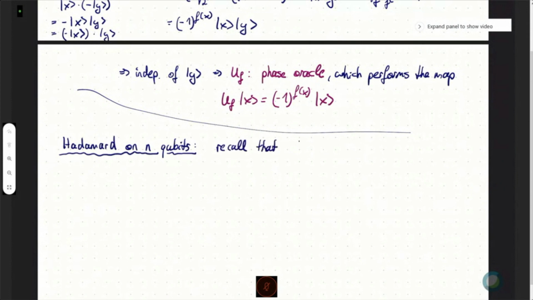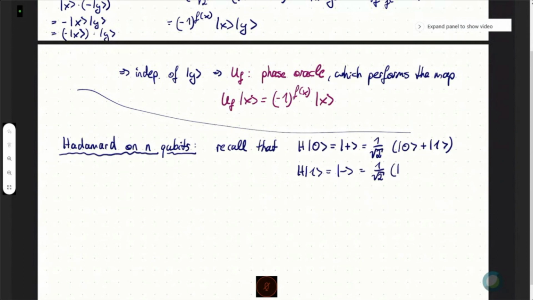that if we apply the Hadamard gate to the state 0, we get the state plus, which is given by 1 over square root of 2, 0 plus 1. And if we apply the Hadamard gate to the state 1, we get the state minus, which is also an equal superposition with a minus sign though, 0 minus 1.